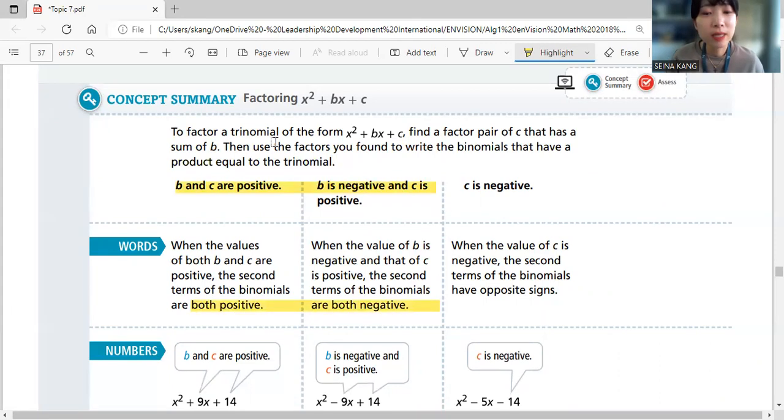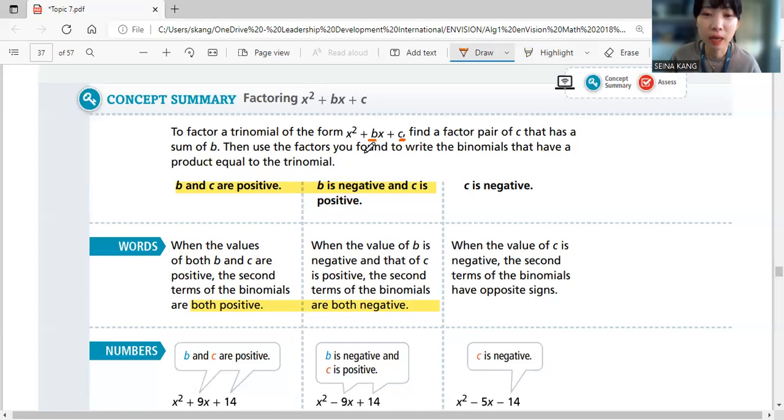And when B is negative, C is positive, you might have negative times negative in order to add up to a negative number. So they're both negative, okay? But when C is negative, that means the second terms of binomials have opposite signs, okay?